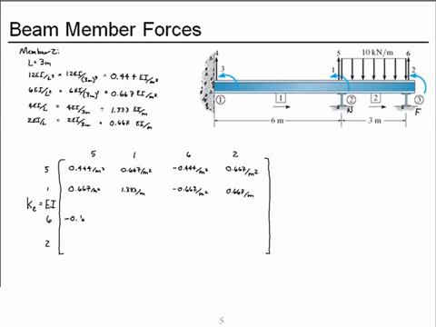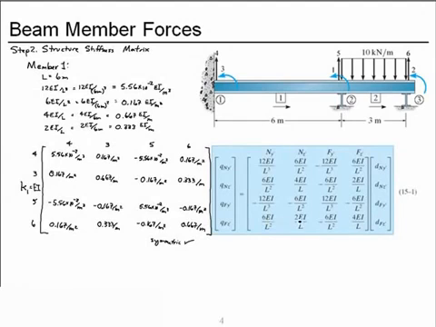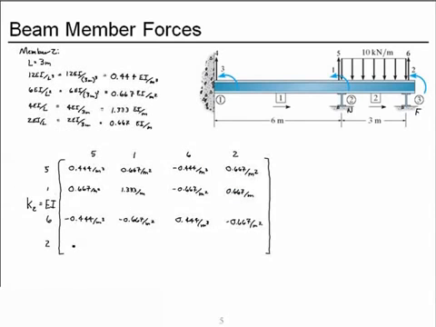So we have 0.444 over meters cubed minus 0.667 over meters squared, and now a positive 0.444 over meters cubed and a negative 0.667 over meters squared. Then for our last row, 6EI over L squared, 2EI over L, the minus 6EI over L squared, and then 4EI over L.